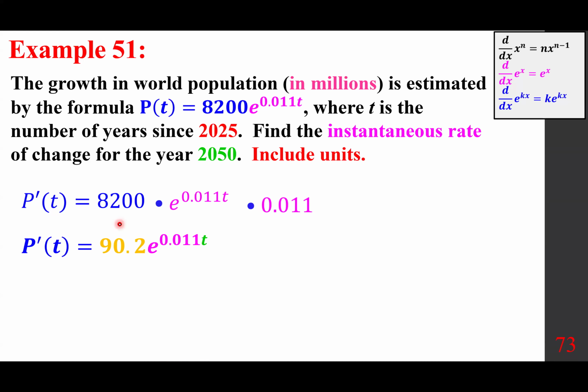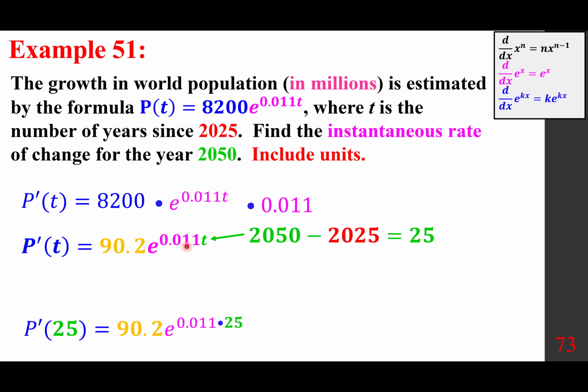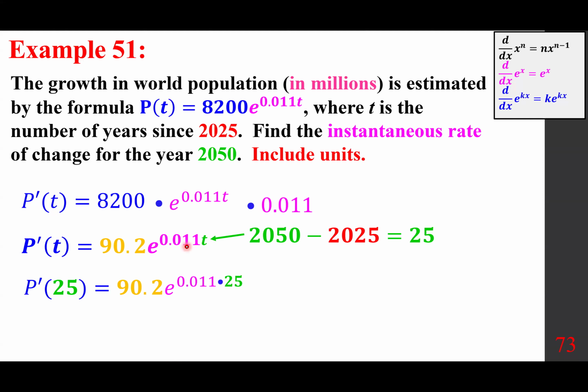And we want to find this instantaneous rate of change for which year? 2050. So we need to put the t as the difference between the two, which is 25. Put it into a calculator. It results in 118.